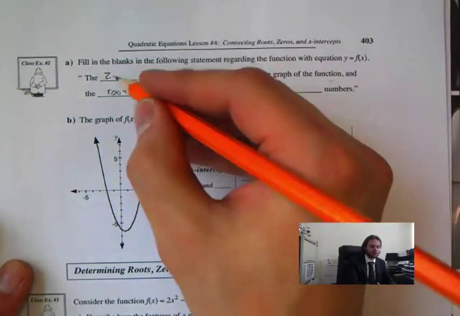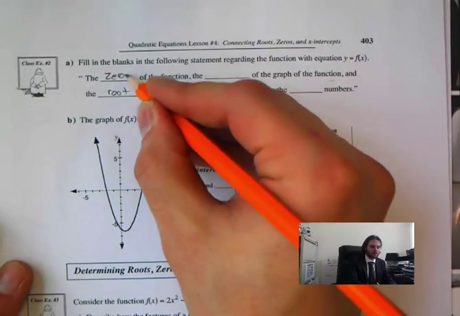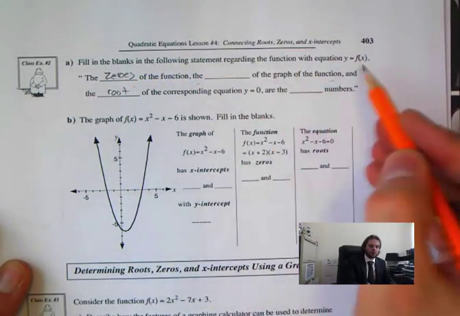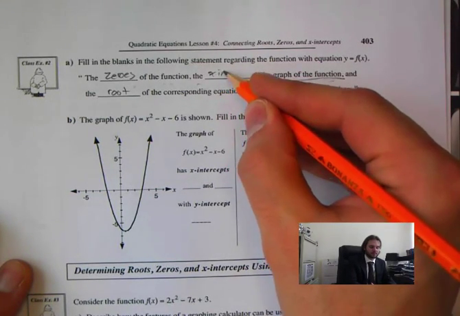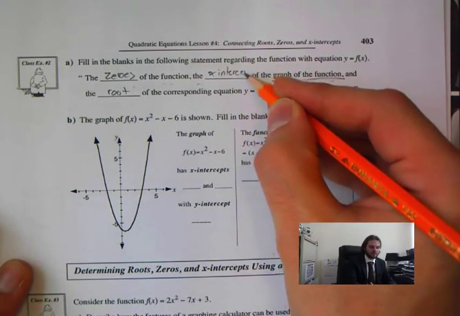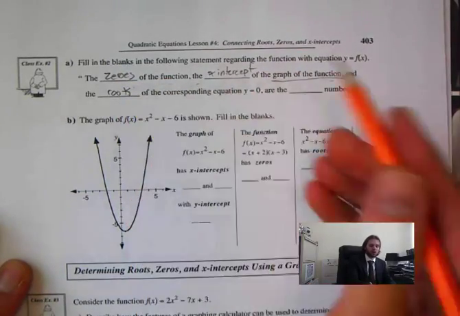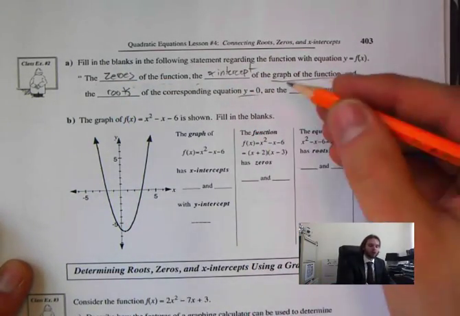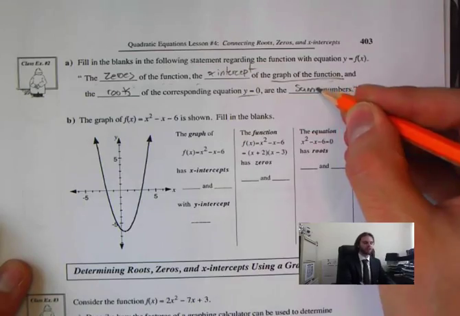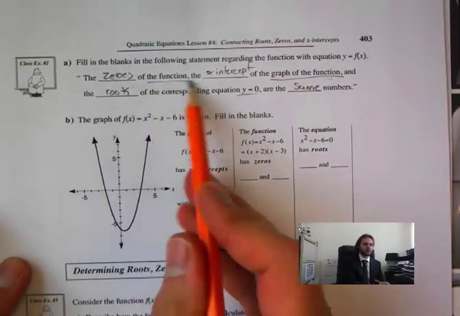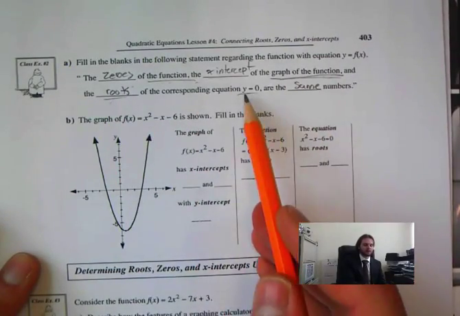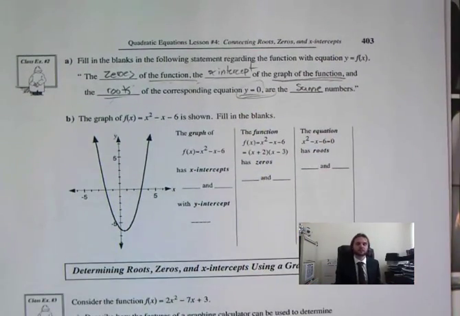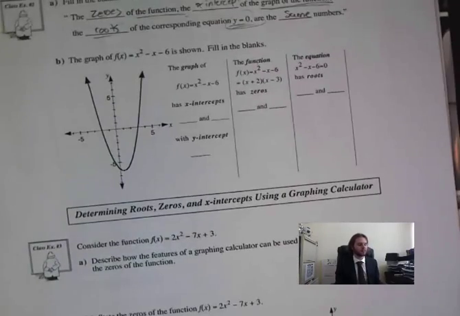So as soon as we say function, that is zeros. Okay? And then we're looking of the graph, that means x-intercepts. And the roots are when y is equal to 0, are all the same. So see how each one relates? Zeros refers to the function, x-intercepts refers to the graph, and the root refers to when y is equal to 0. Okay?